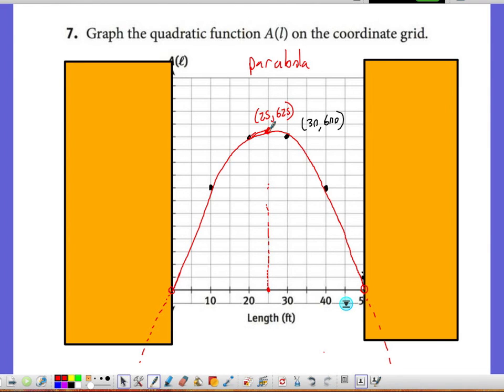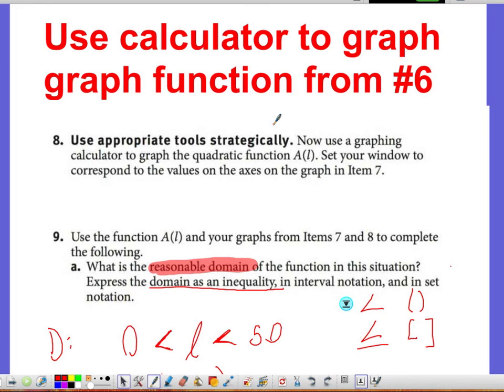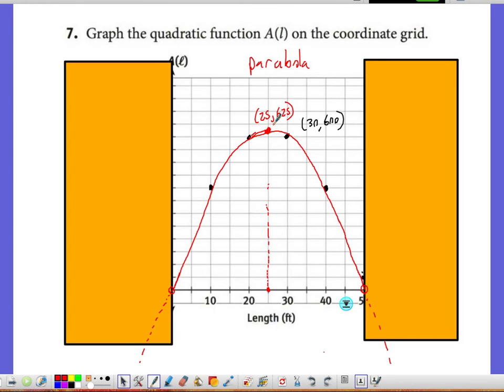Now, what do you see about this ordered pair when you put it on the graph? That ordered pair seems to stand on the very top of the parabola. It's the highest point of the parabola.